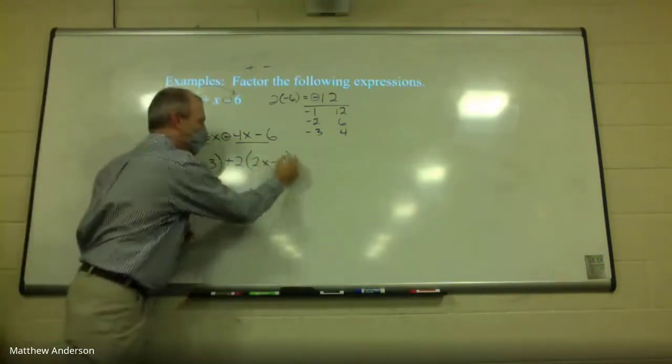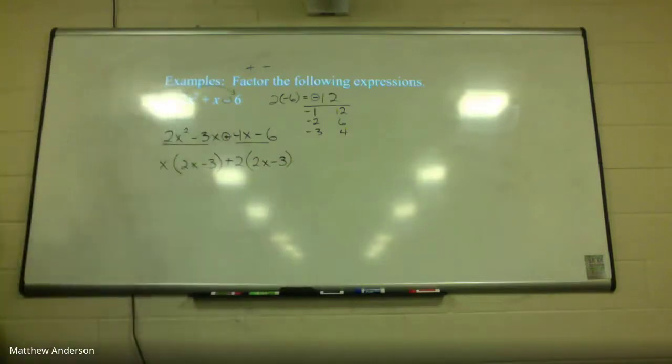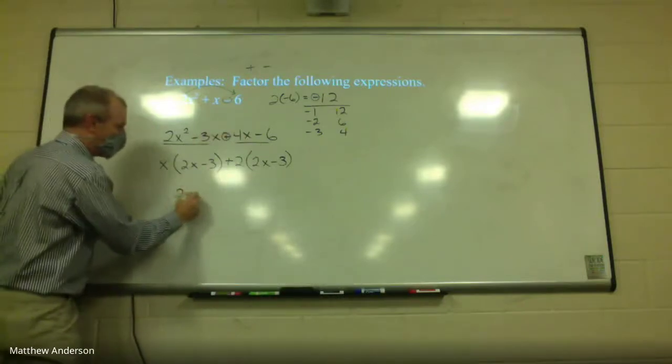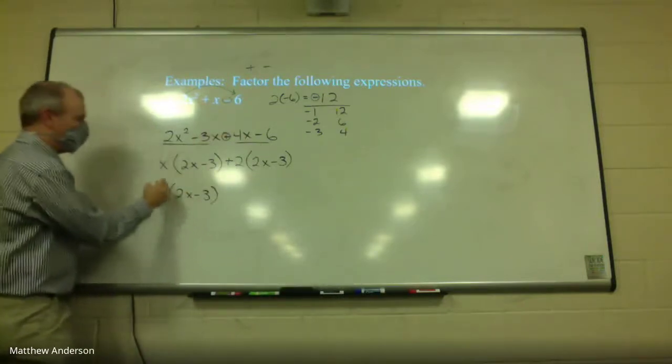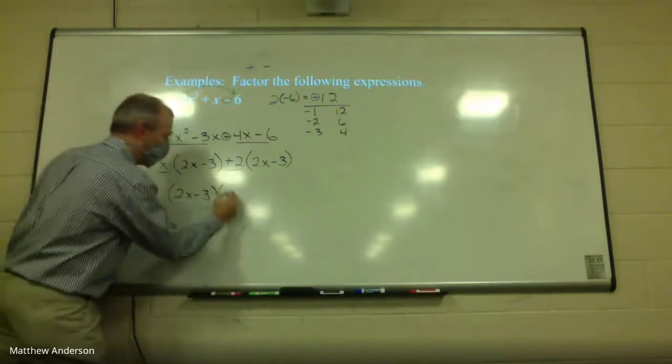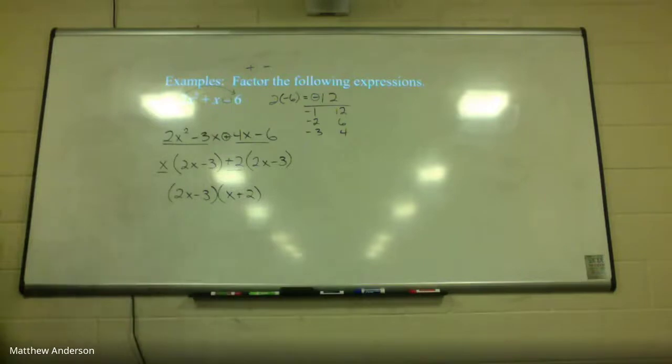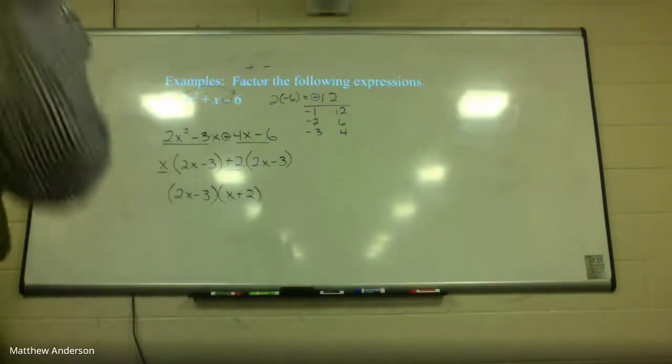And again, we know it should be the same, right? So what can we take out of both of those now? 2x minus 3. And what is left? x plus 2. Correct. Okay. Is that making sense?